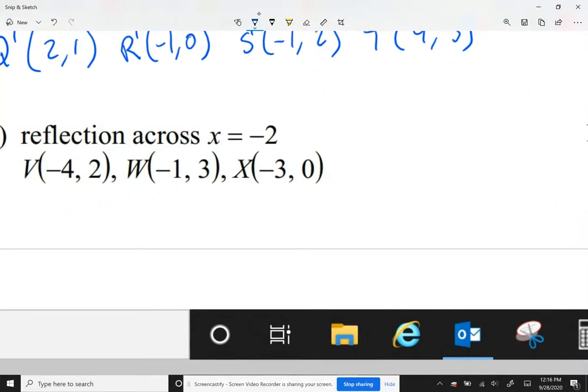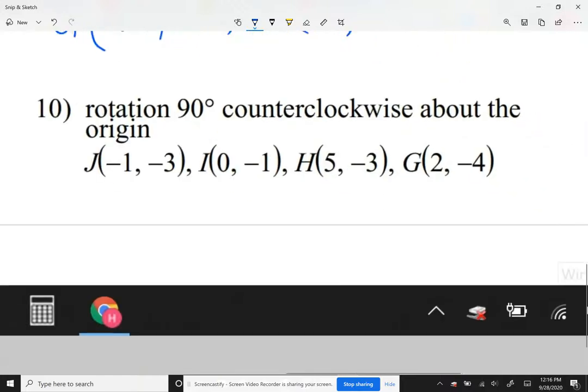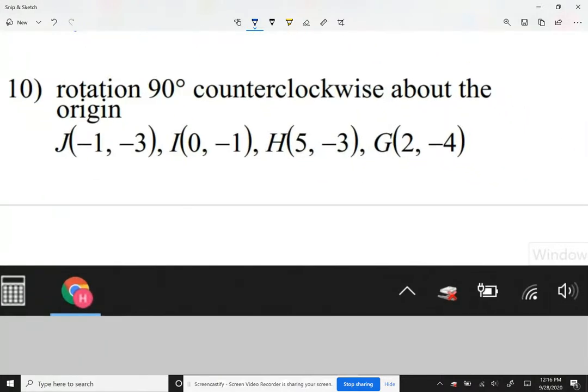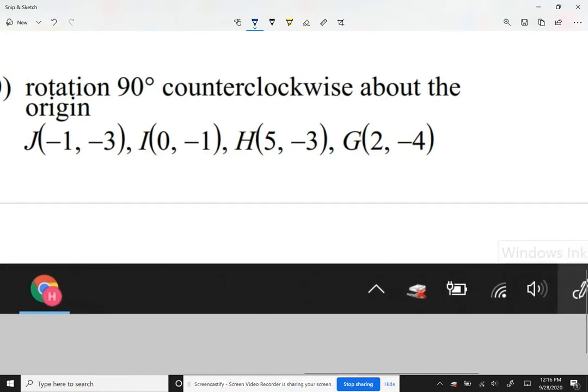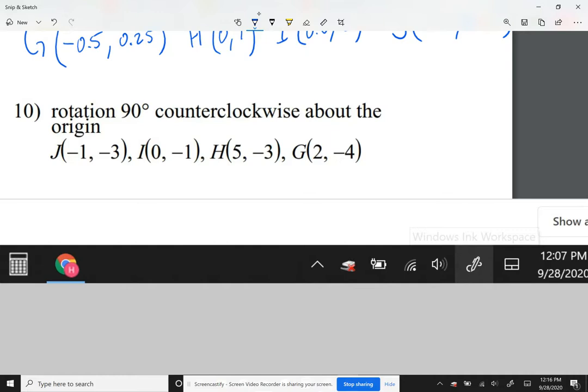Let's take a look at question number 9. Now, this type of question, actually, let me erase this. This is not a special case. I will do these on graphs, but I won't do it on homework, just on the notes. Now here, rotation 90 degrees counterclockwise. Do take a look at the notes. This is a special case. 90 degrees counterclockwise, it says that (x, y) becomes (negative y, x).